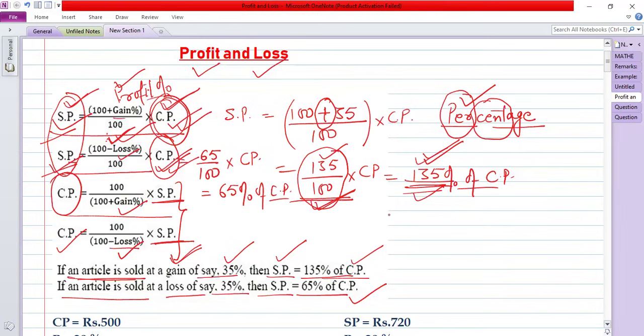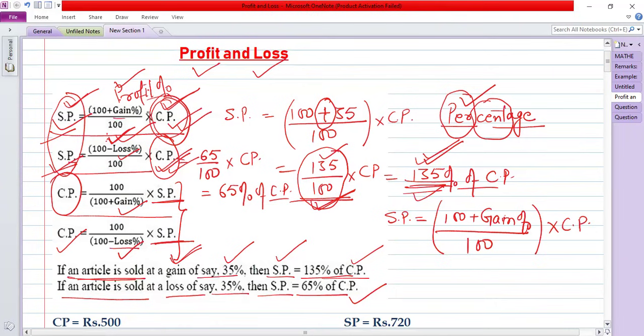So SP is 100 plus gain percent, divided by 100, into the cost price. This is the very first formula. We use this formula if the cost price is given along with the gain percent, and we have to find the selling price.